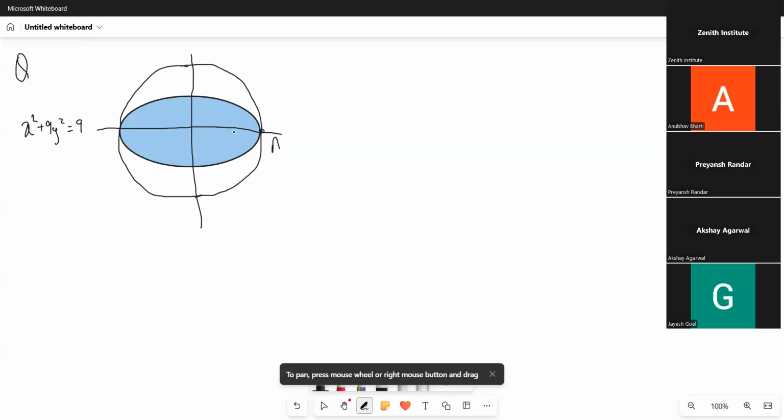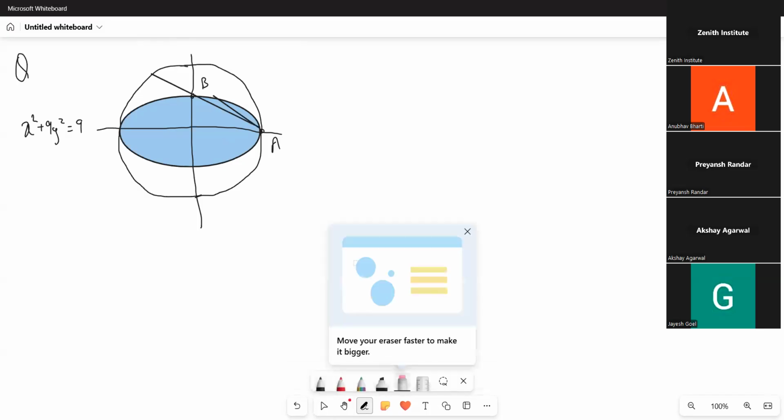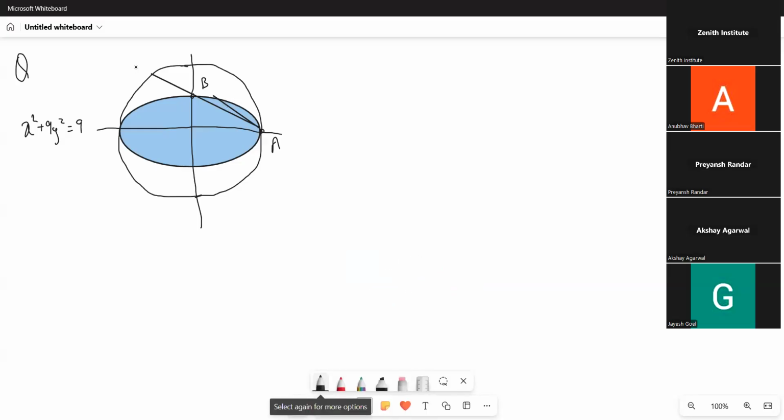This is point A. This is B. Now the question is, a line passing through AB intersects the auxiliary circle at M.